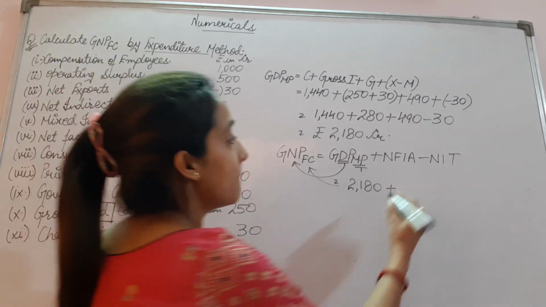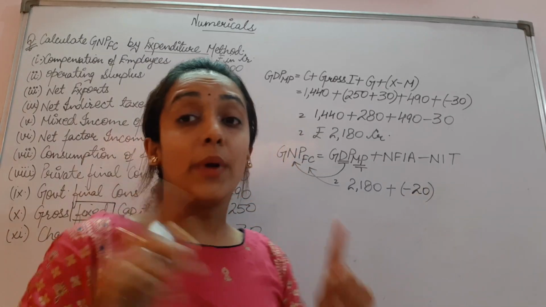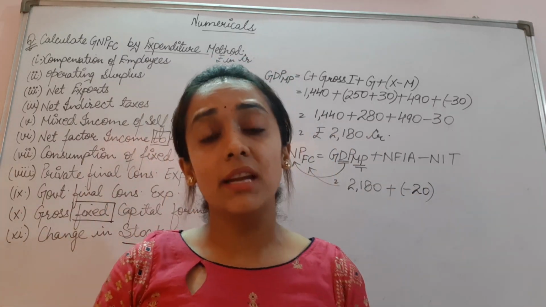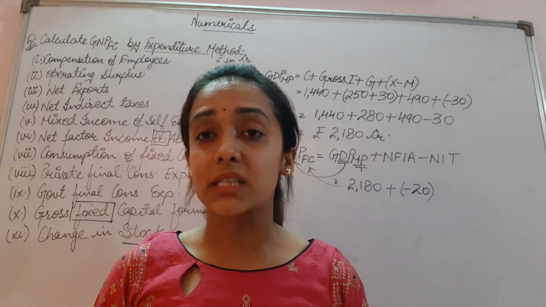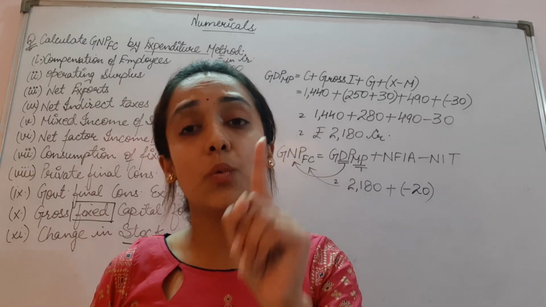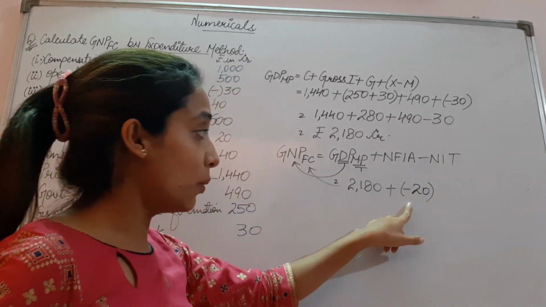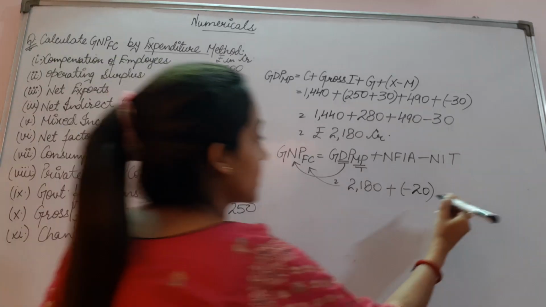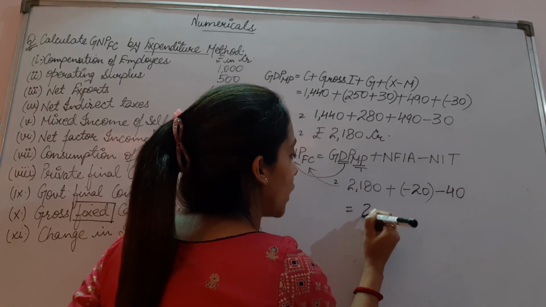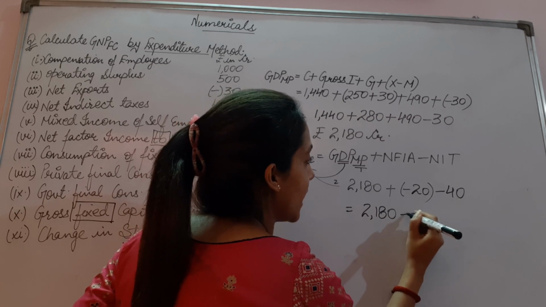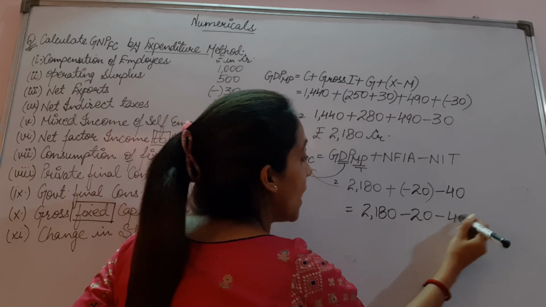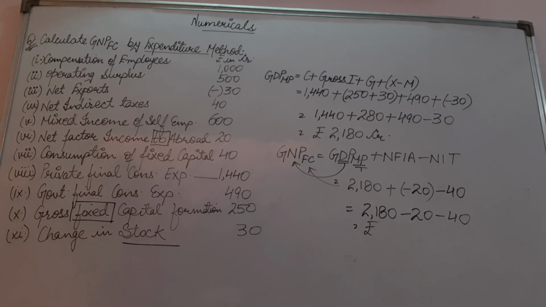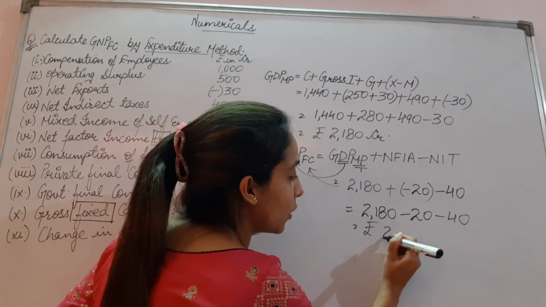It will be minus 20. When net factor income from abroad is given, the sign will be the same. And when net factor income to abroad is given, the sign will be changed. So we have changed the sign. Now what is NIT? Net indirect taxes. It is minus 40. 2180 minus 20 minus 40. What will be the answer? It will be 2120 crores.